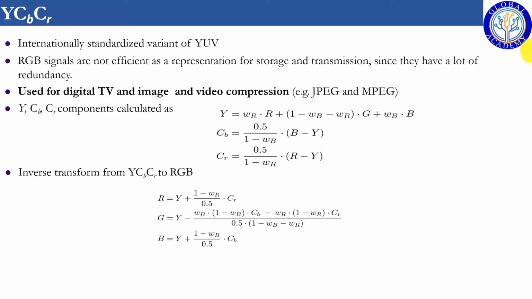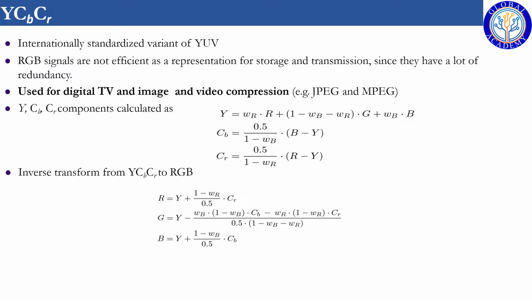Another variant of the YUV or YIQ color space is YCbCr. The RGB components or signals are not efficient as a representation for storage and transmission, since they have a lot of redundancy. YCbCr is very much like YUV or YIQ. Most of the information is in fact stored in the Y component, whereas the two chroma components contain very little information.